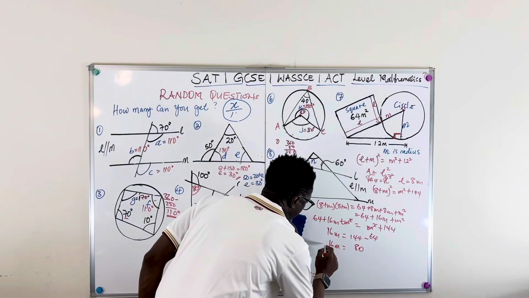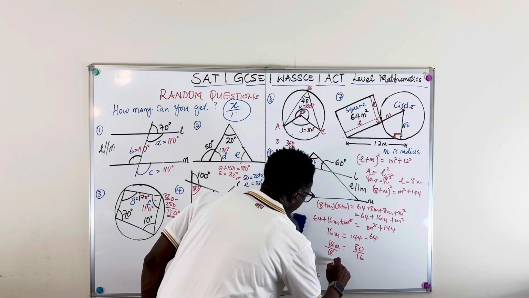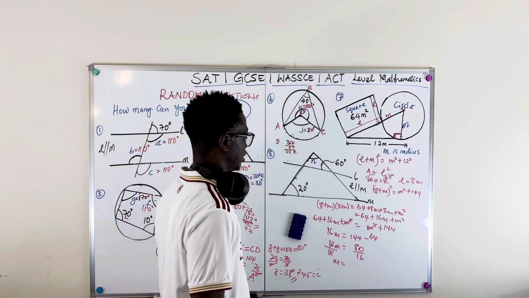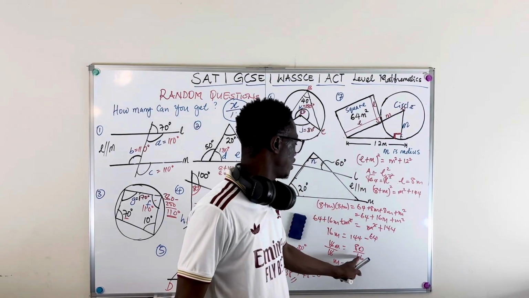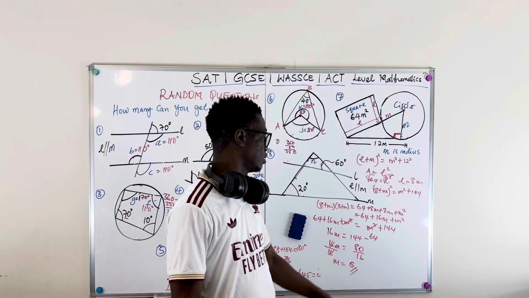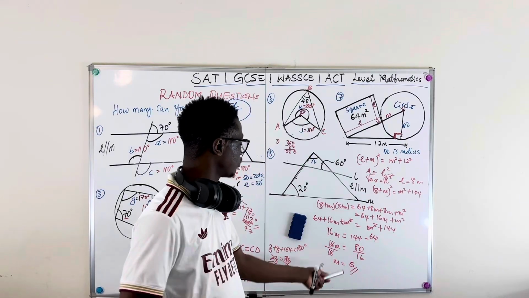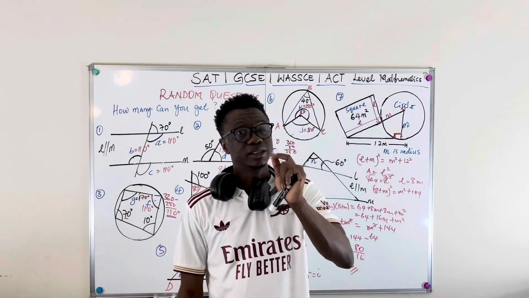If my math is right, I divide by 16 on both sides, and that gives M. Is it 5? I think so, that should be 5. 5 times 16 should give you 80, 5 times 6 is 30, yeah. Okay, so that is it for M, and we are looking for M, meaning the radius there is 5.